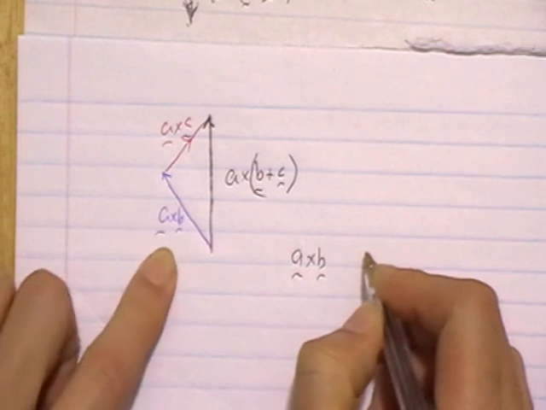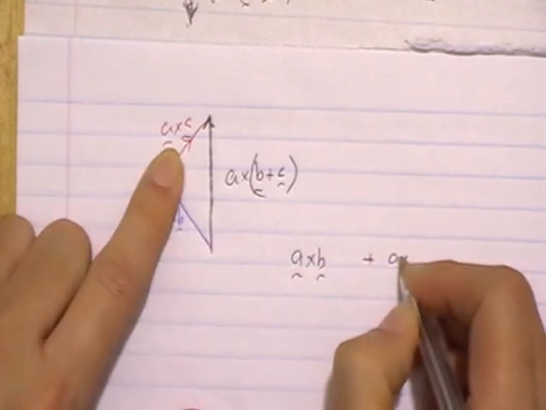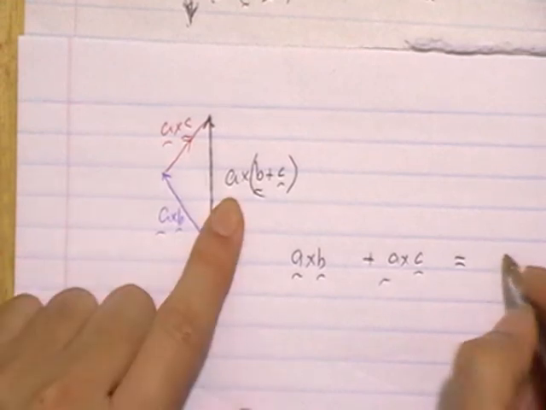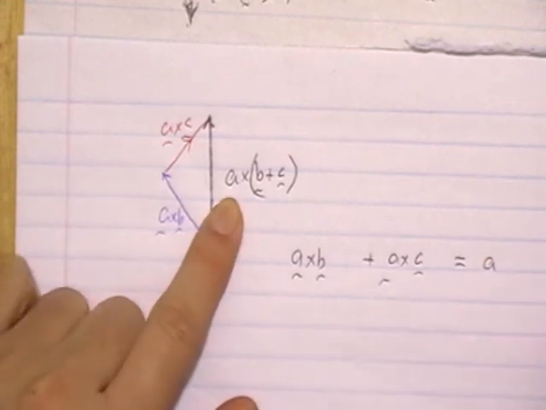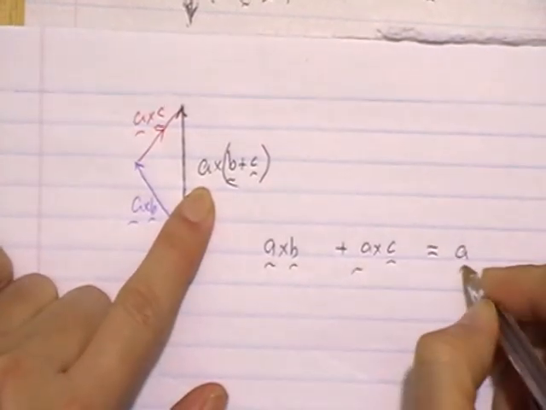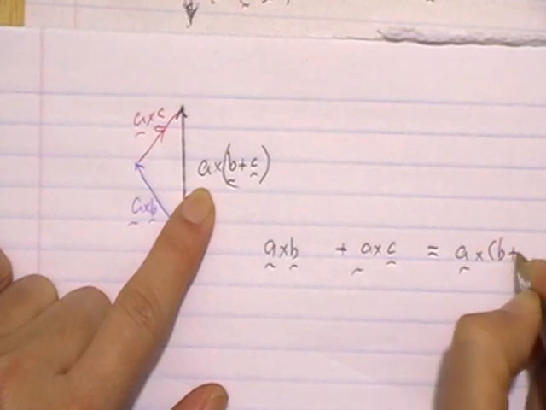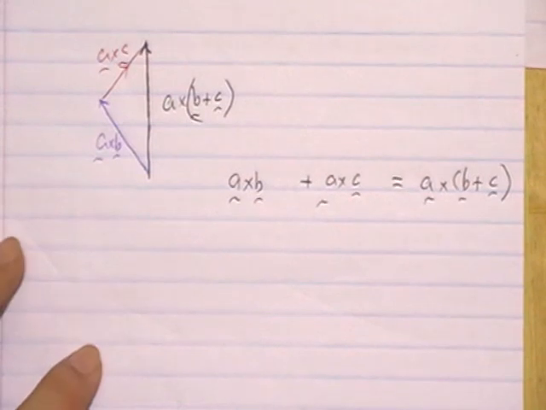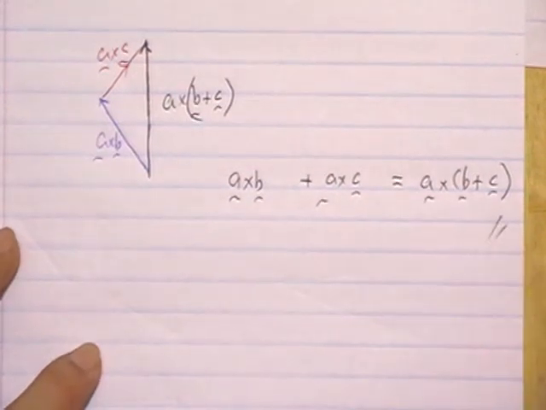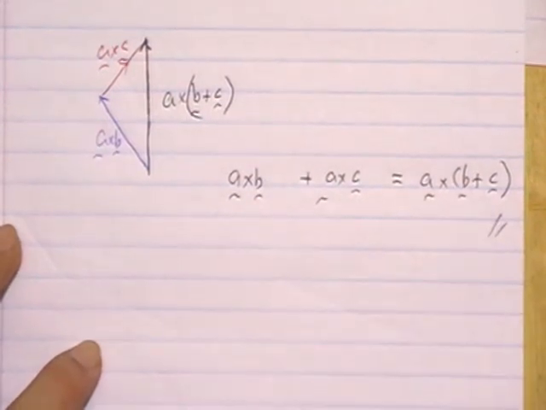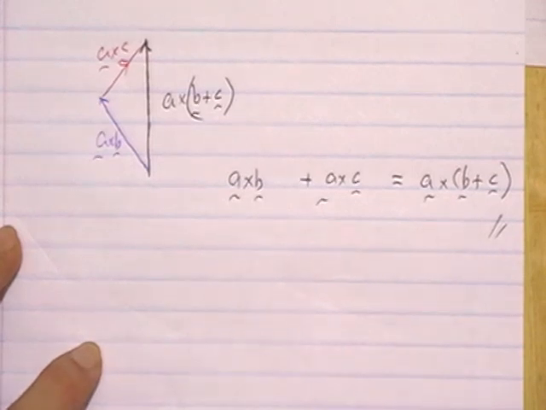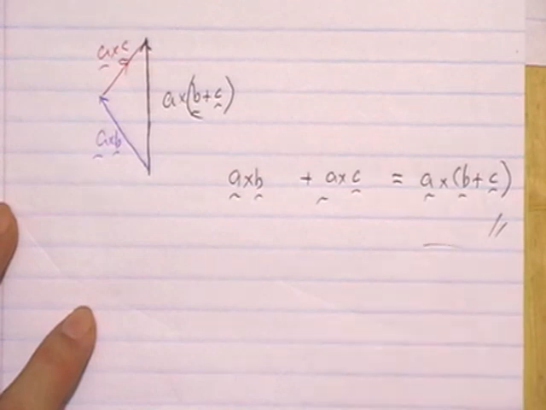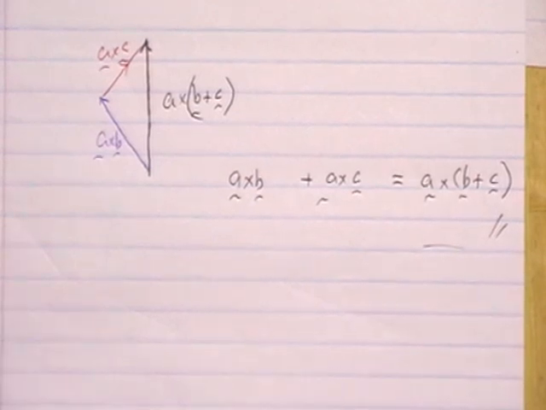A cross B plus A cross C, according to this vector triangle, is equal to A cross B plus C. And that is nothing but the distributive law that I wanted to prove. So this completes the proof. We'll stop here.